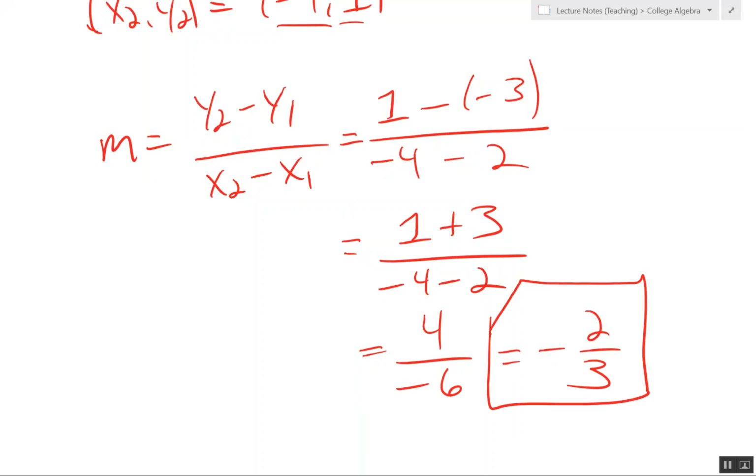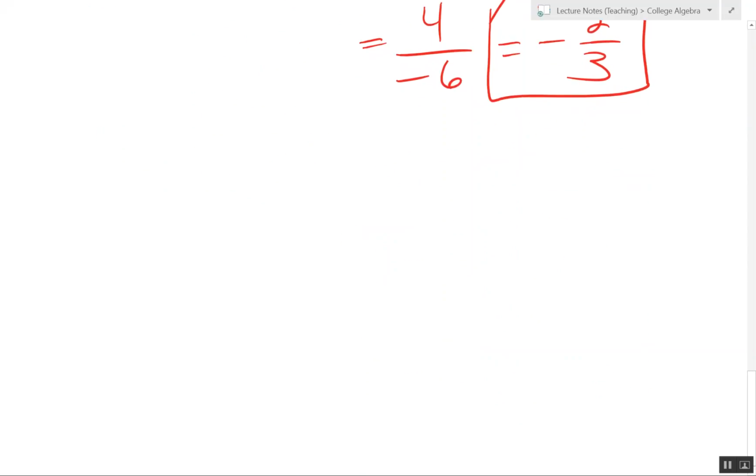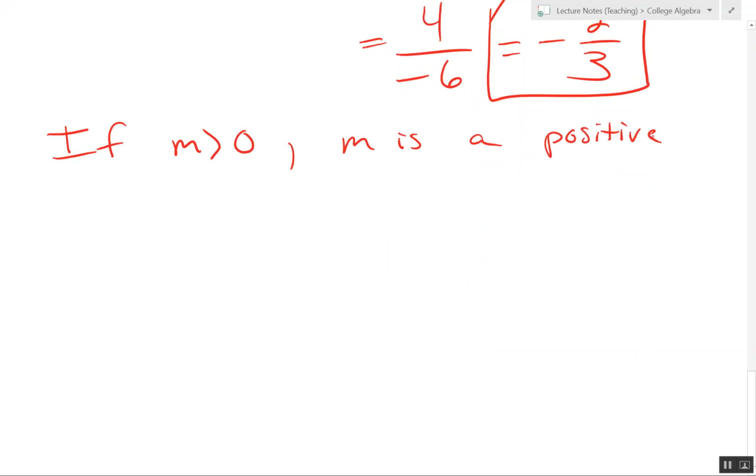I need to talk about one more thing. I said we're going to stop, but there's one other thing: the sign of the slope. If m is greater than 0, m is a positive slope. What does that mean?